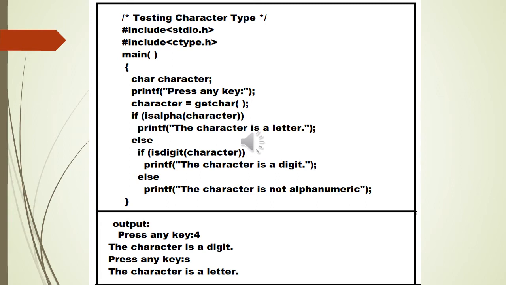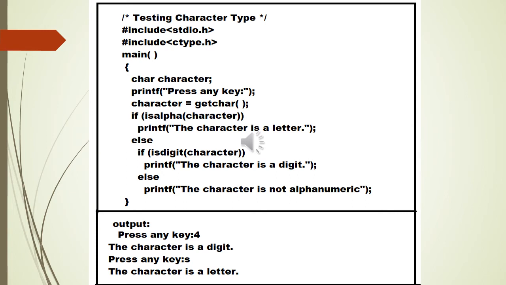If you press capital A, it will check isalpha of character. If it is an alphabet, printf "the character is a letter"; it will print that this is a letter. If you press a digit, then it will come to the else part.